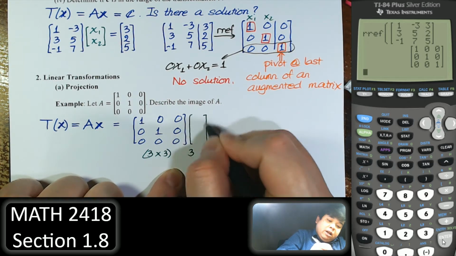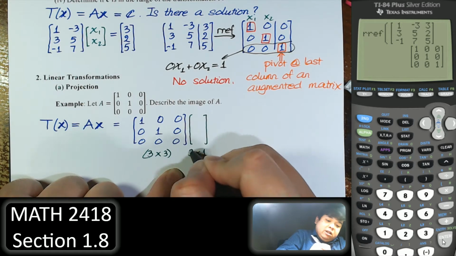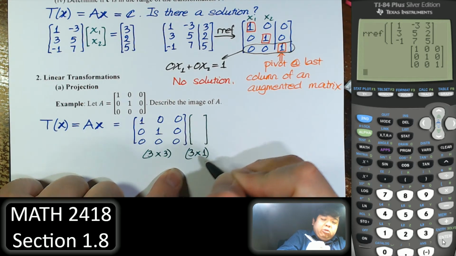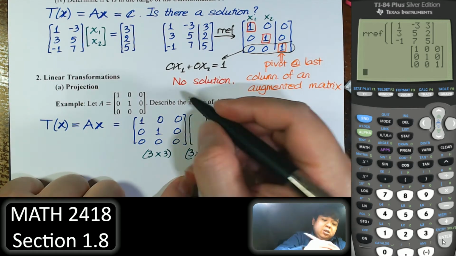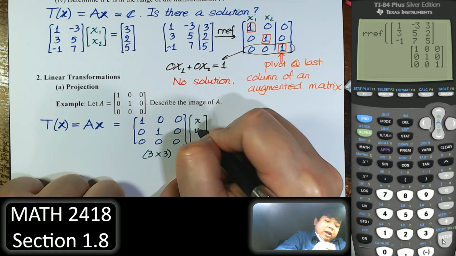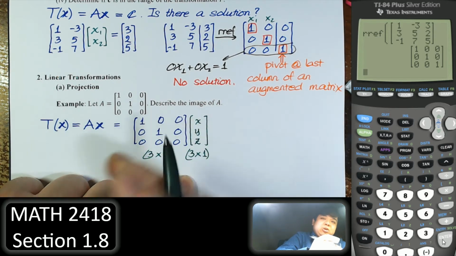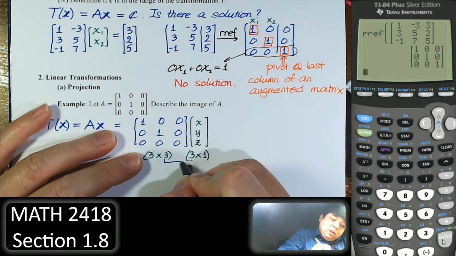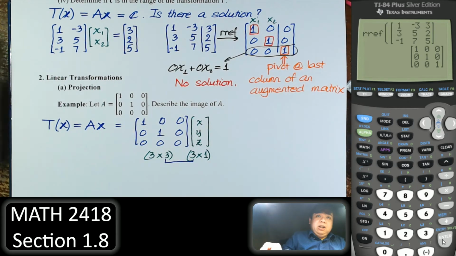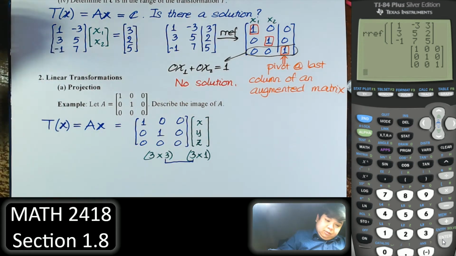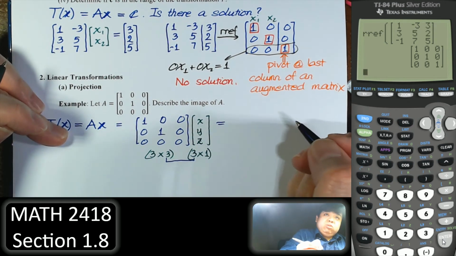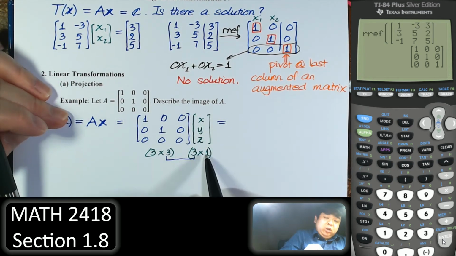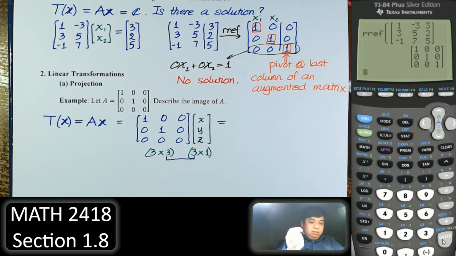So the x here has to be a vector that has 3 rows. So let's say x, y, and z, 3 components. When we multiply, the middle numbers match, and the outside numbers will be the dimension of the product. So the dimension will be 3 by 1. But that's not important.